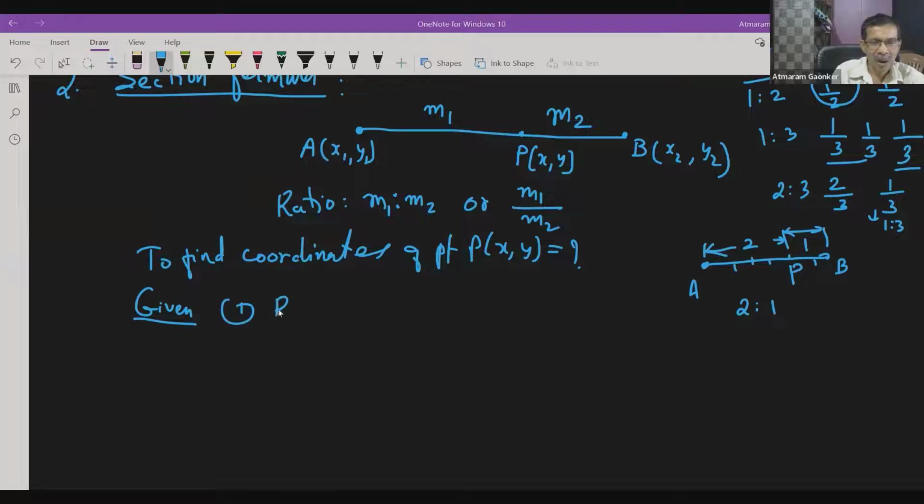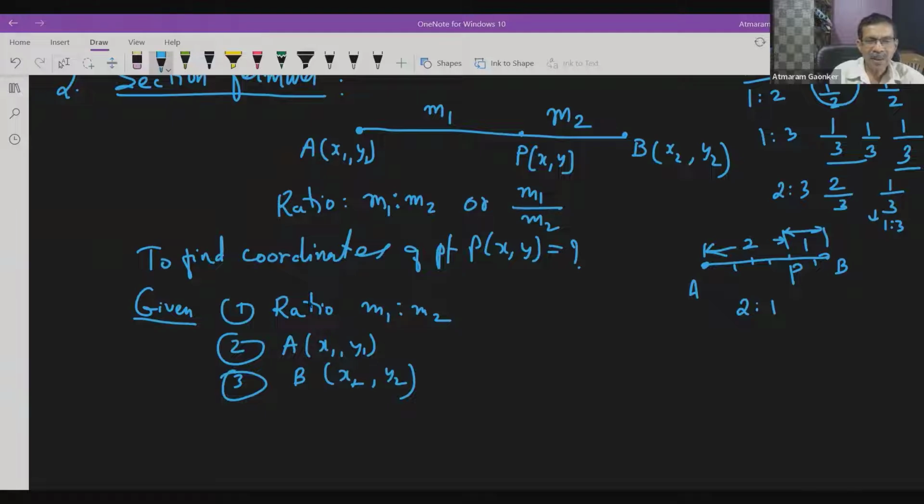Number 1, the ratio is given, and this ratio is m1:m2. Then second, point A is given as x1, y1, and the third thing given is point B, which has coordinates x2, y2. If these 3 things are given, and you are required to find the coordinates of the point P, which divides the segment into 2 parts in the ratio m1:m2, then what is the formula?